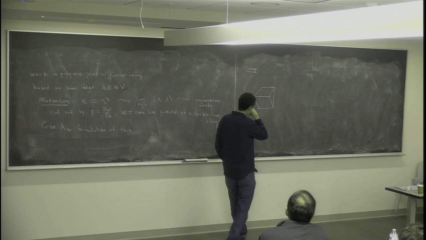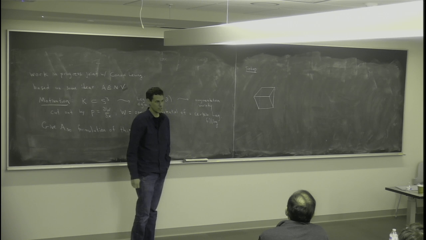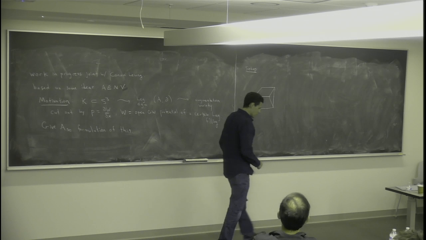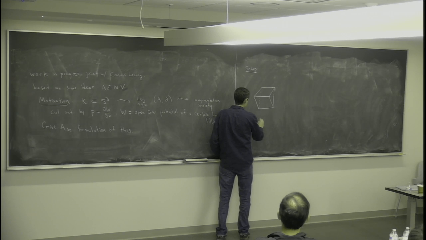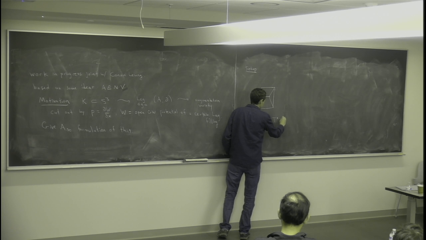Actually, we'll look at a compact part of the cotangent bundle. Let's look at a 3-ball bundle inside the cotangent bundle. Let's call this X. So X equals the 3-ball bundle contained in T star S3.